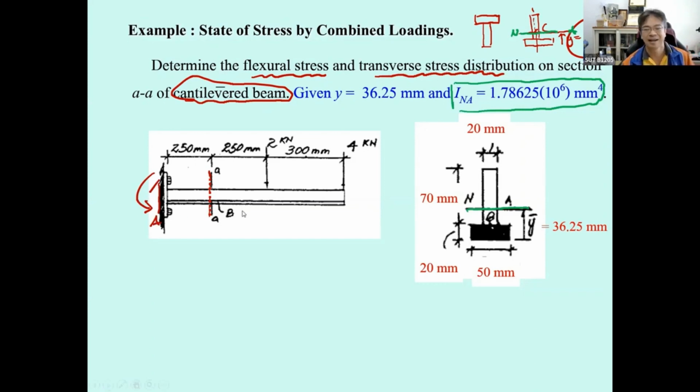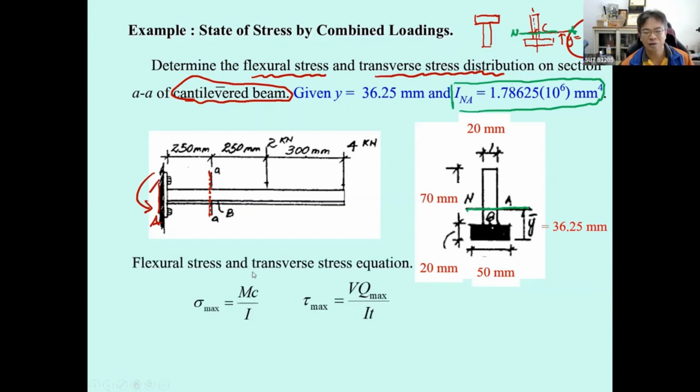Just cut this section and you may determine the shear at this section and the moment at this section for a given AA section.